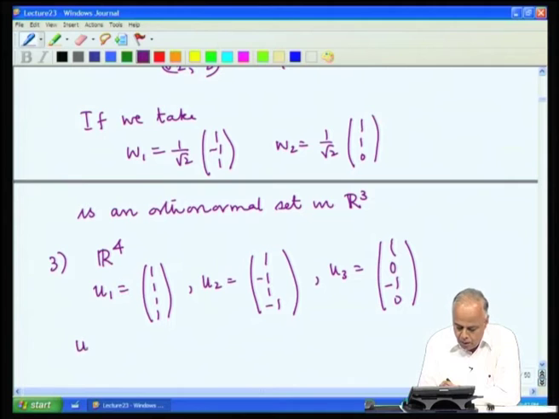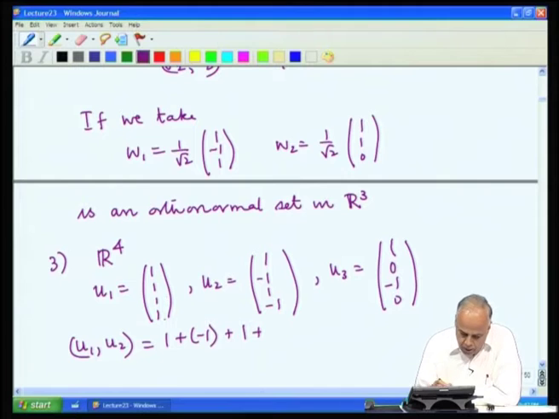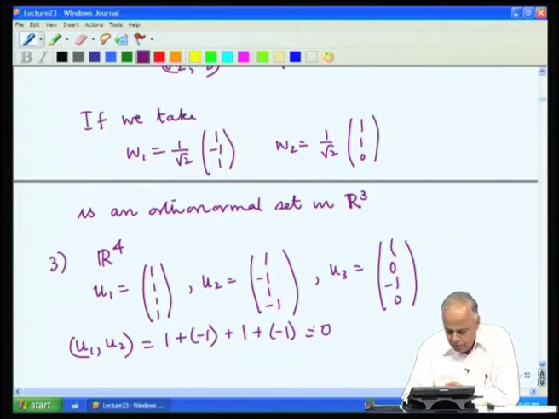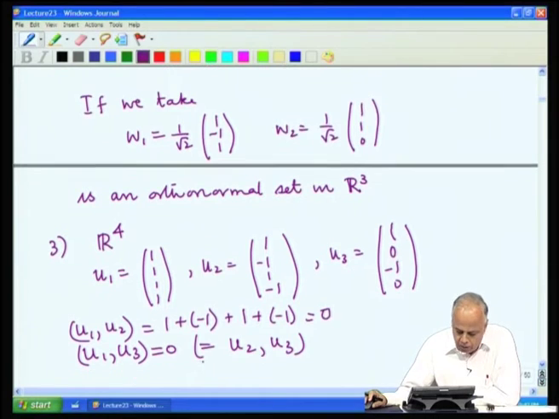If you now look at the inner product of u 1 and u 2, which is simply the sum of the products of the components, it is 1 into 1, which is 1, plus 1 into 1, plus 1 into -1, plus 1 into -1, which gives me 0. And therefore u 1 is orthogonal to u 2. Similarly, u 1 is orthogonal to u 3 and u 2 is orthogonal to u 3. So u 1, u 2, u 3 are orthogonal to each other.